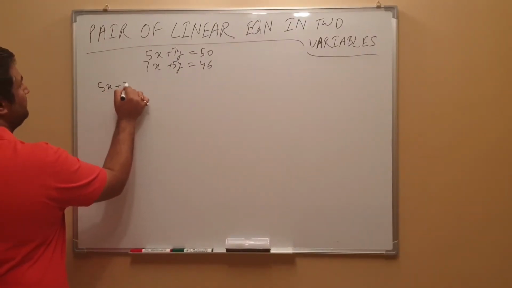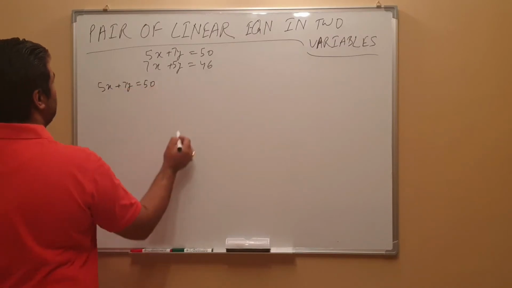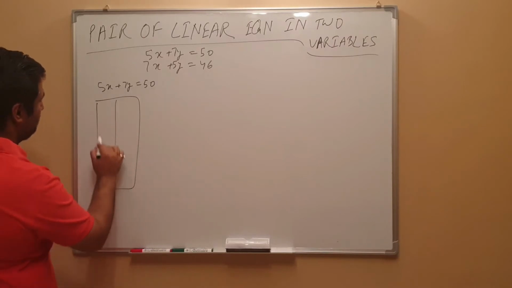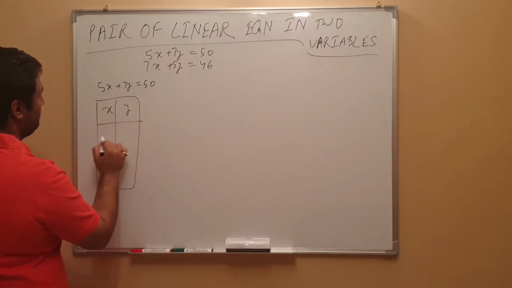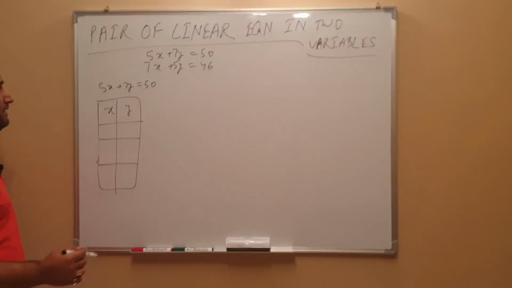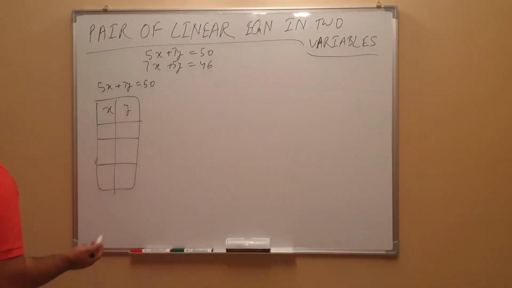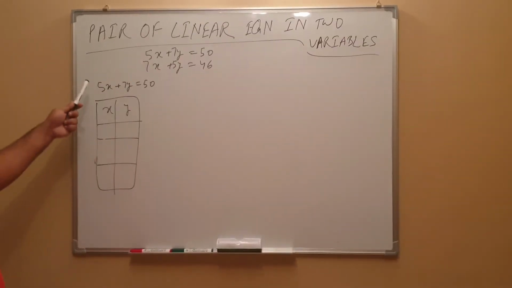So take 5x plus 7y equals 50. For that, you have to make a table in terms of x and y. Since x and y both are costs, they cannot be negative. Quickly, in place of x I'll put 5.